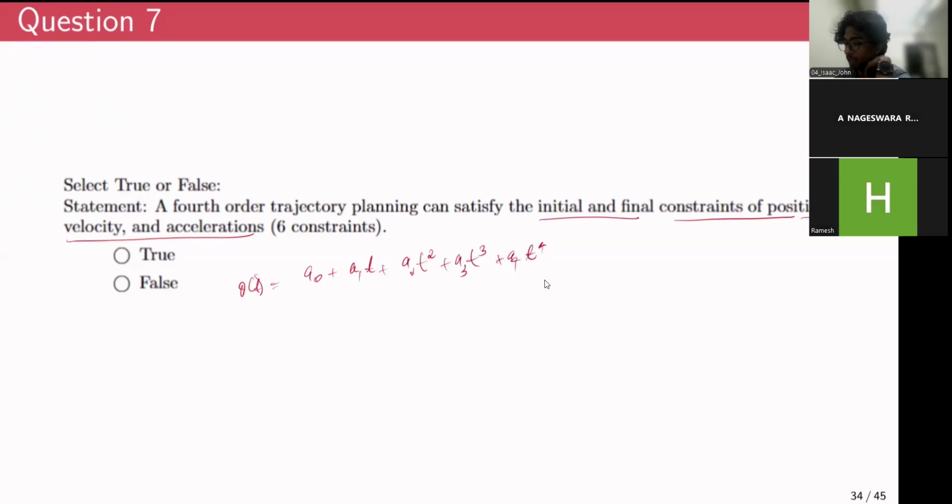So how many constants do we have? We have 1, 2, 3, 4, 5. So to determine these 5 constants, we need 5 equations, 5 boundary conditions. But the question says, would it be possible to satisfy the initial and final constraints on position, velocity, and accelerations?